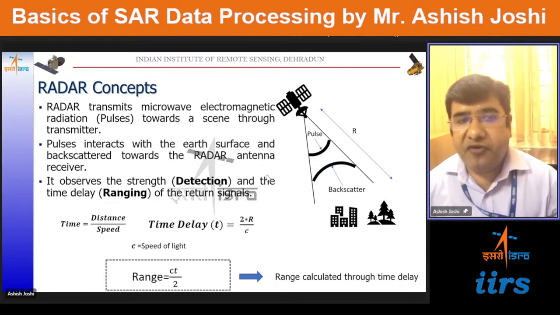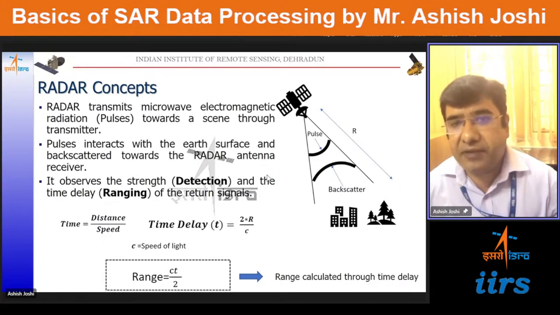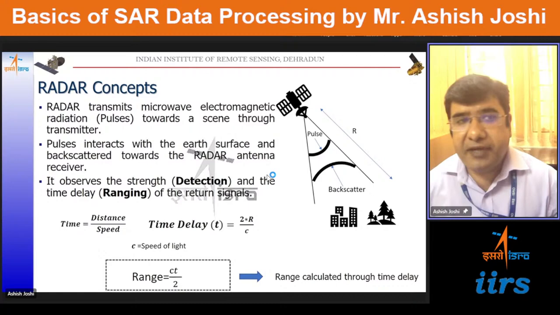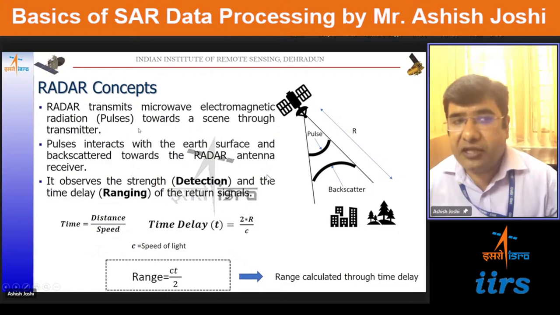First, before we go to the synthetic aperture radar, I will explain the basic radar concepts. Radar transmits microwave electromagnetic radiations, which are called pulses, towards a scene through the transmitter. So this is a radar, and it will transmit the pulses.